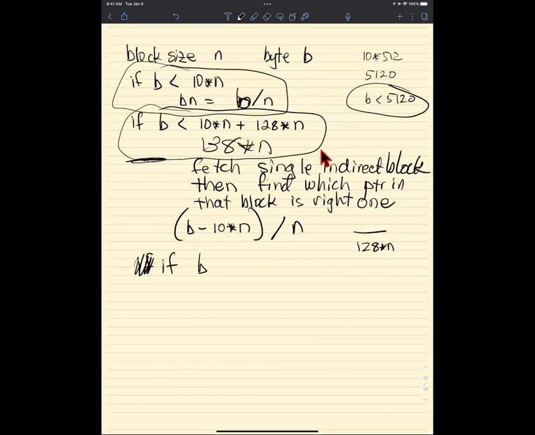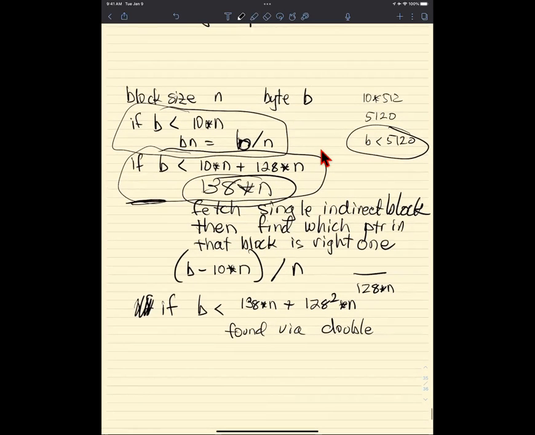So if B is less than 138 times n, which we got from here, plus 128 squared times n, then it's found via a double indirect.